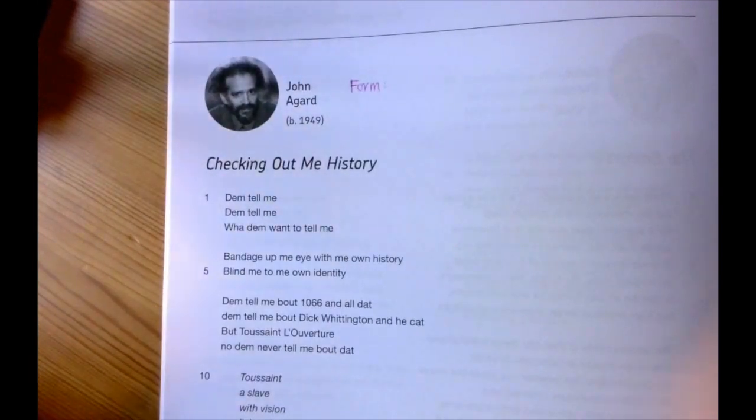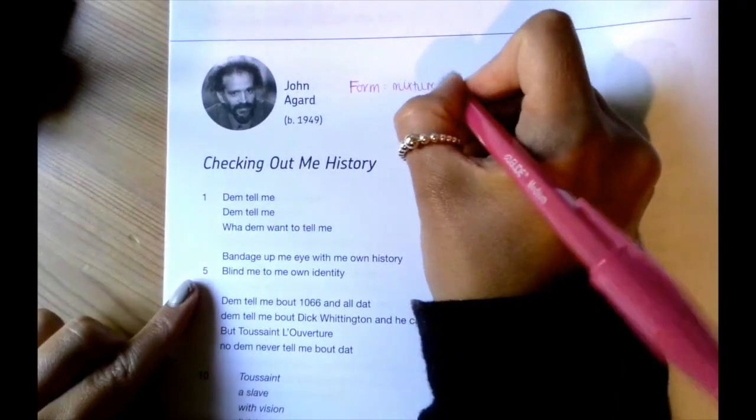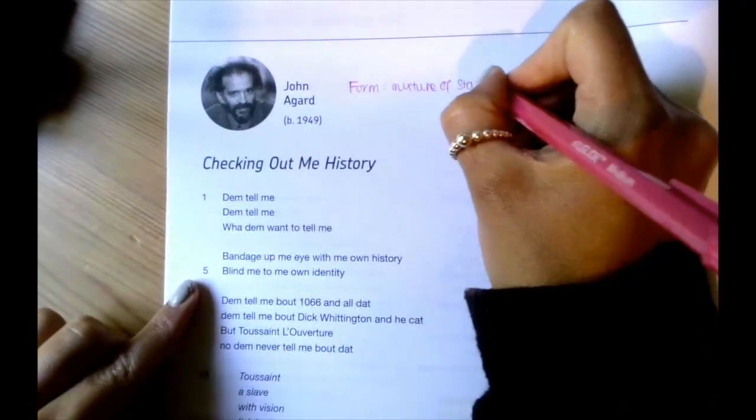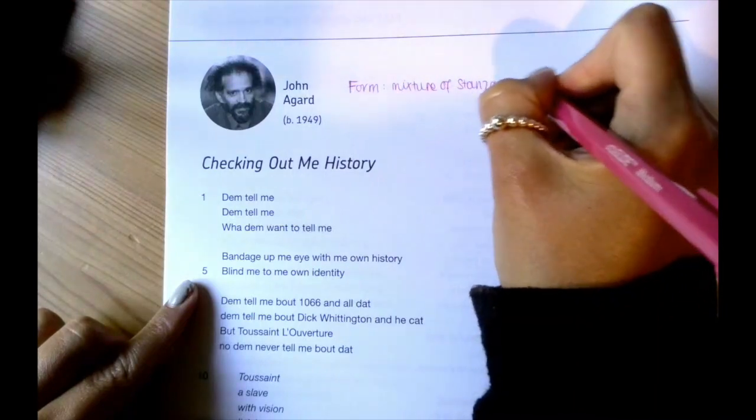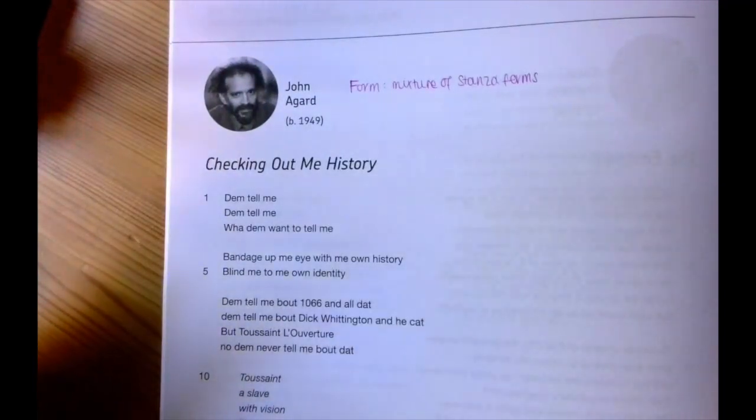What we've got here is a mixture of stanza forms. And that is significant, really, because they suggest that the narrator is breaking confining language rules that he's been taught.